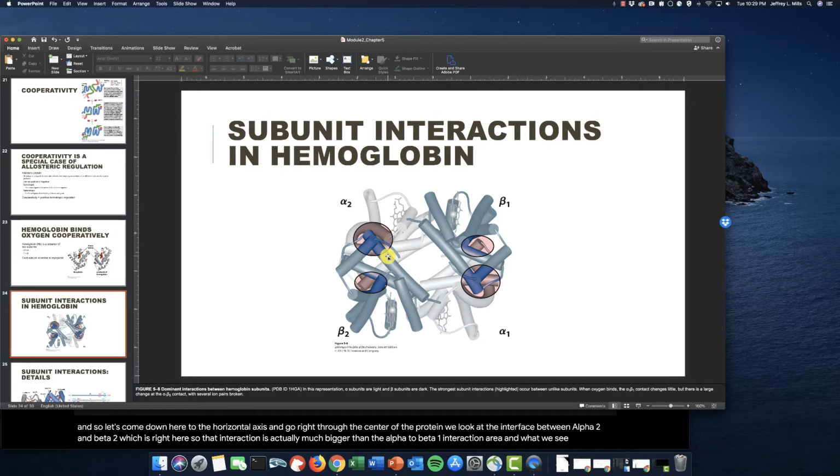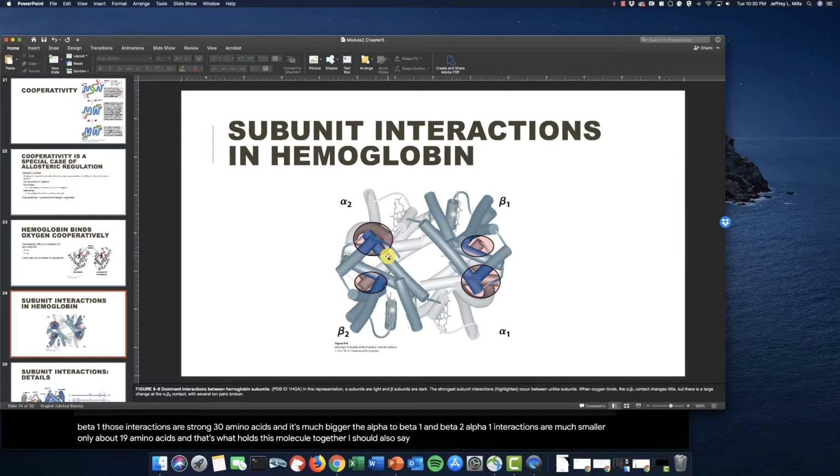And what we see here is that there are about 30 individual amino acids that help make that connection between the alpha 2 beta 2 subunit. So alpha 2 beta 2 and alpha 1 beta 1, those interactions are strong, 30 amino acids, and much bigger. The alpha 2 beta 1 and beta 2 alpha 1 interactions are much smaller, only about 19 amino acids. And that's what holds this molecule together.